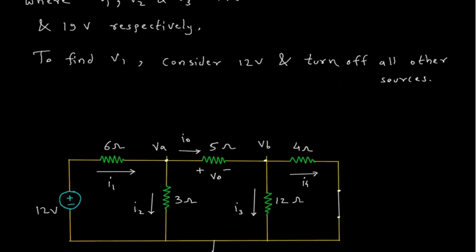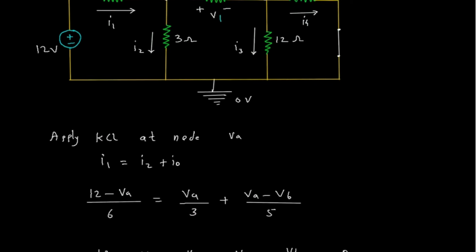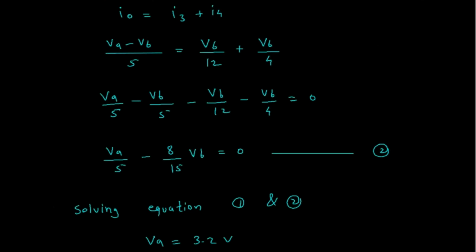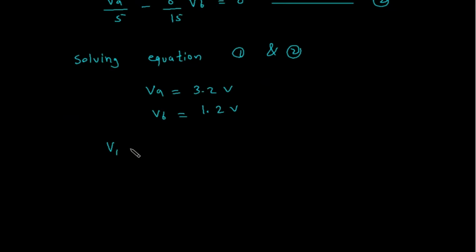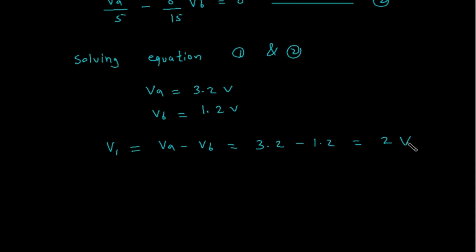What we have to find? We have to find V1. This is not VO, this is V1 because we are finding V1. So V1 is equal to VA minus VB, which is 3.2 minus 1.2, equal to 2 volt.